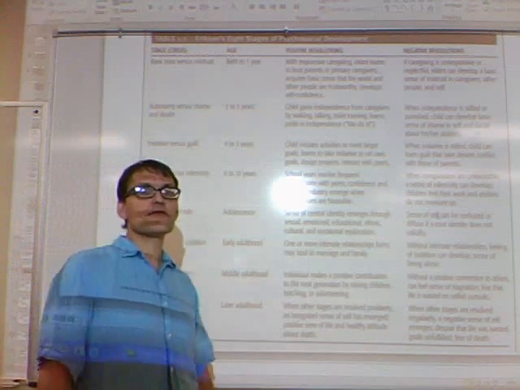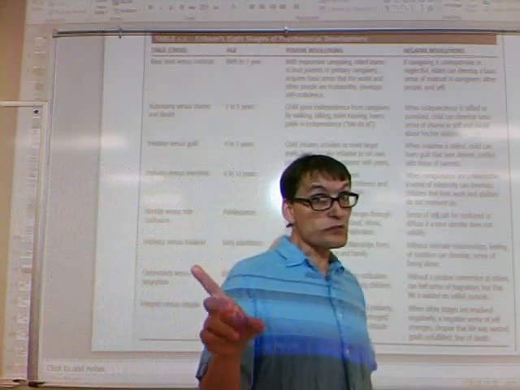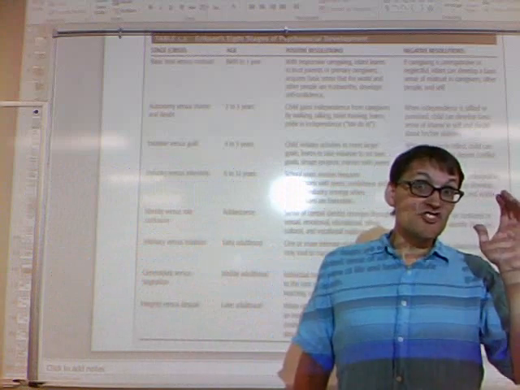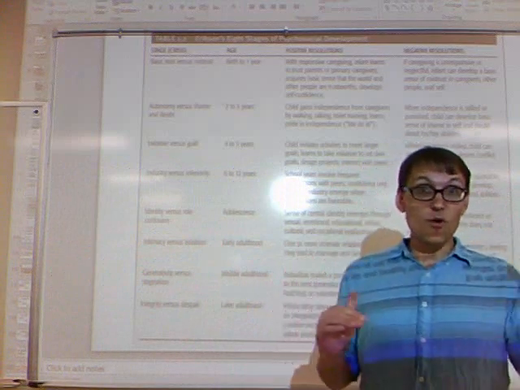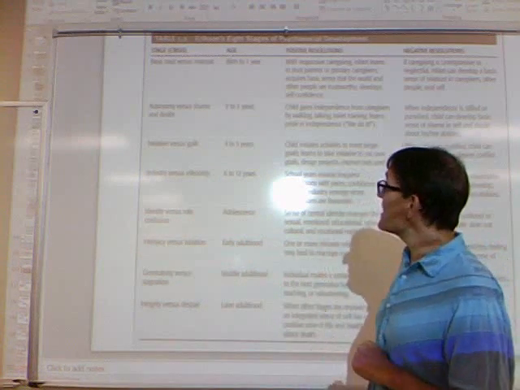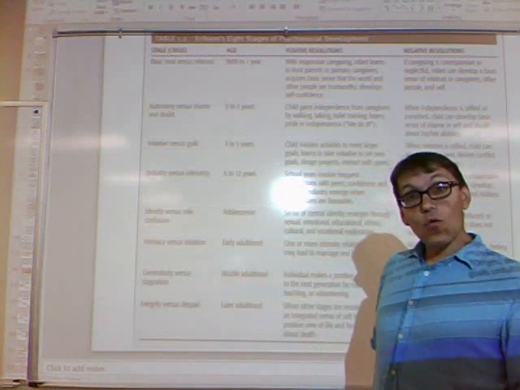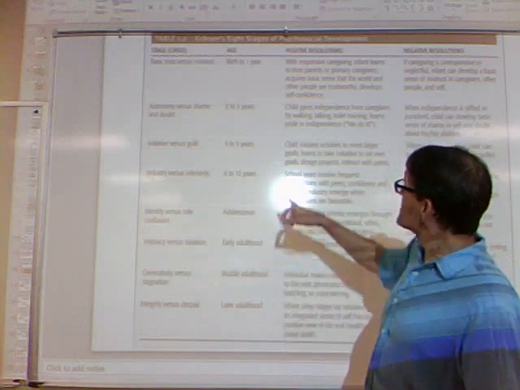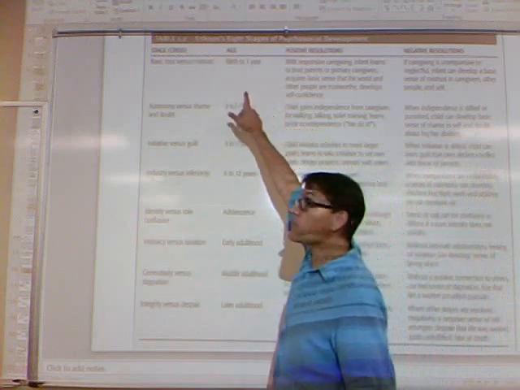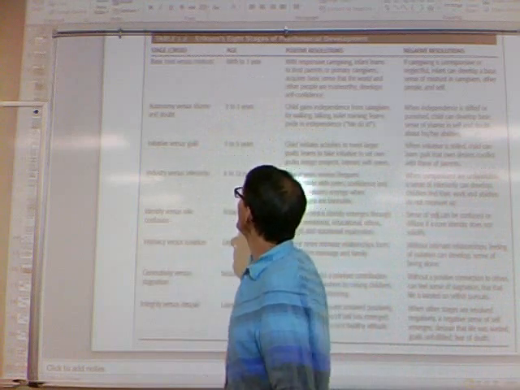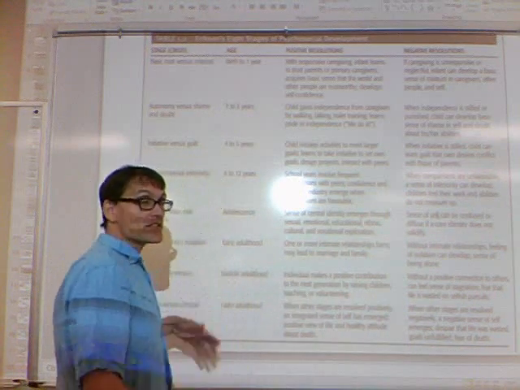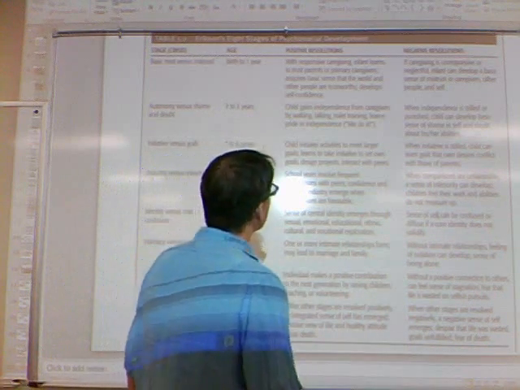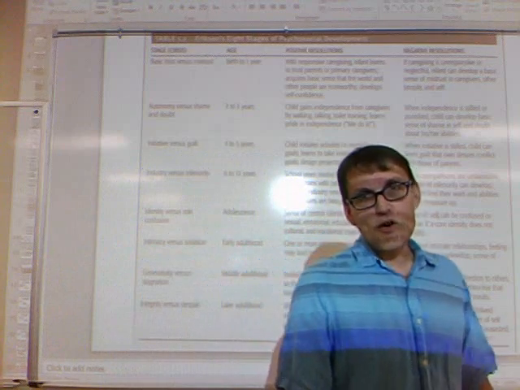Children go through a series of crises. Now this is social, right? This is development. That is, the child's personality develops in interaction with the social world that they live in. When a baby is first born, in the first year, birth to 1 year, the baby's going to go through this crisis which Erikson called basic trust versus mistrust.